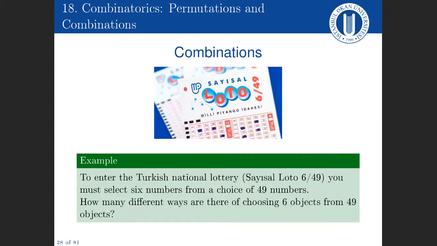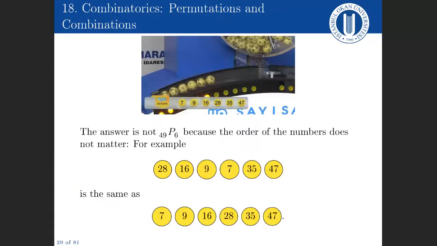Combinations. To start with, let's talk about the Turkish National Lottery. To enter this lottery, you need to choose 6 numbers from a total choice of 49 numbers. The question is, how many different ways are there of choosing 6 objects from 49 objects? And the answer is not 49 permute 6.